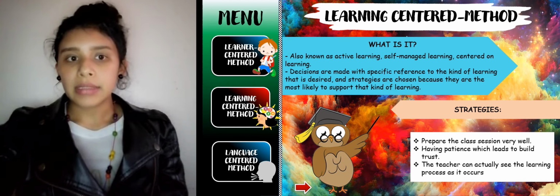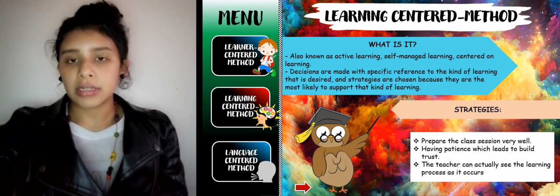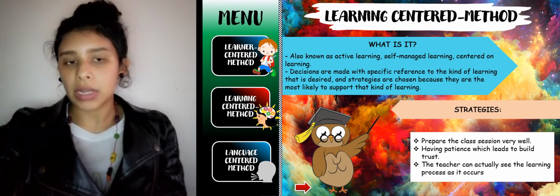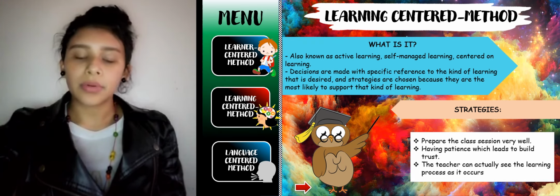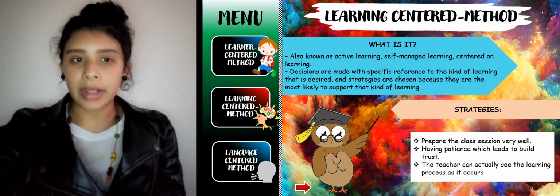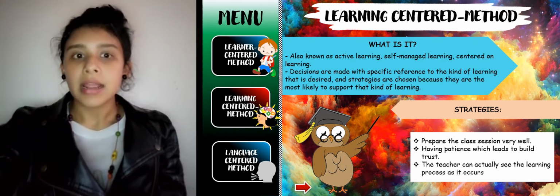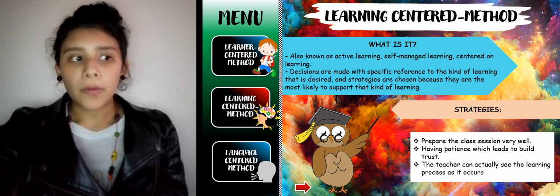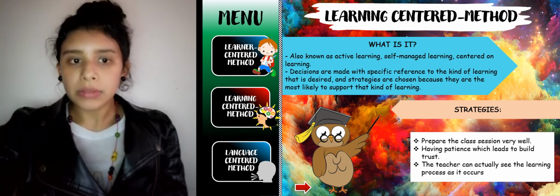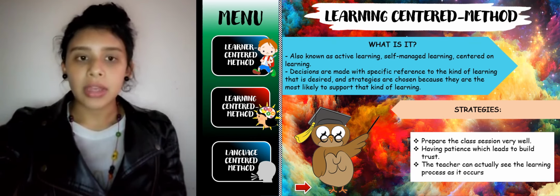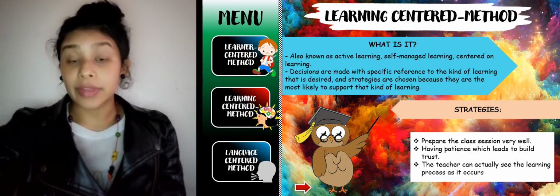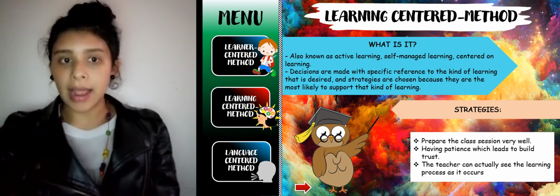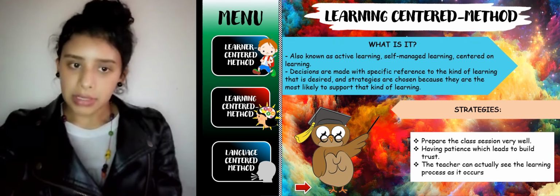Okay, some strategies that the teacher has to take into account are, for example, preparing the class session very well, and also having patience, which leads to order throughout the whole session.